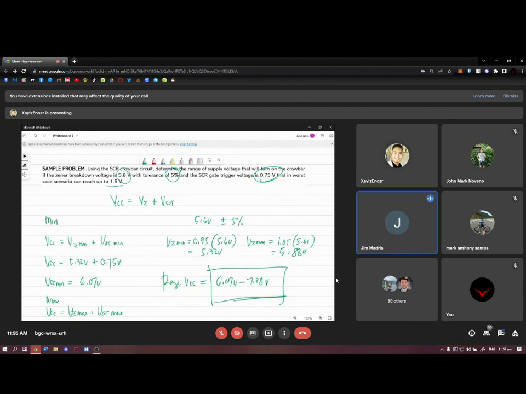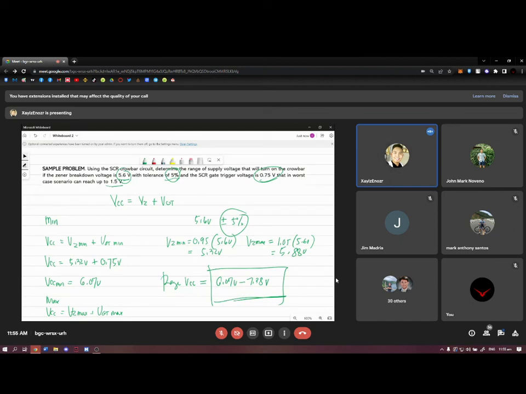Sir, saan po galing ulit yung 0.95 tsaka yung 1.05? Sa tolerance. So we're determining kasi yung pinaka-minimum and the maximum kasi we're talking about range ng VCC natin. Nagbigay siya dito ng value ng breakdown voltage, then tolerance niya. Ibig sabihin ng tolerance, from the voltage rating na 5.6, magsiswing yung value niya plus or minus 5%.